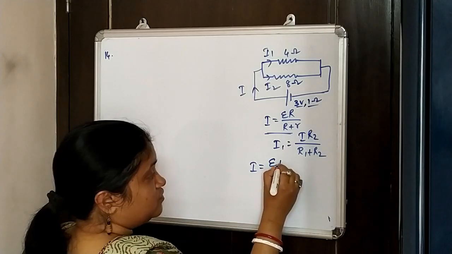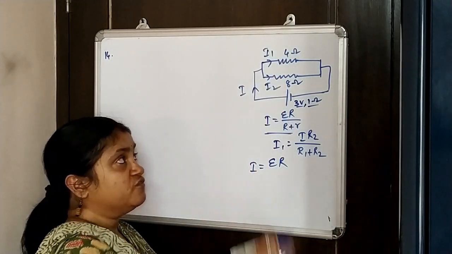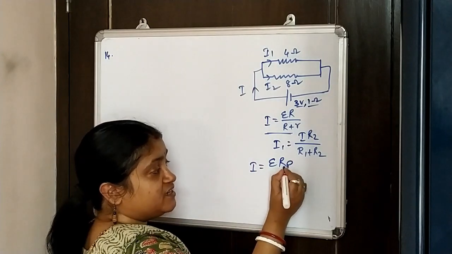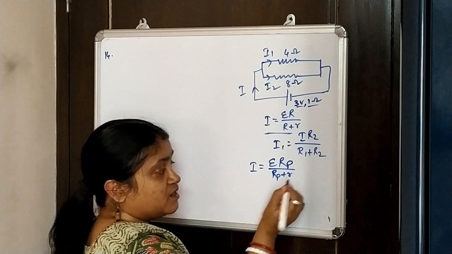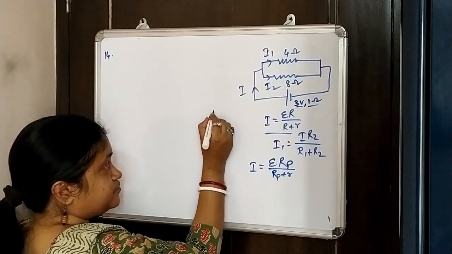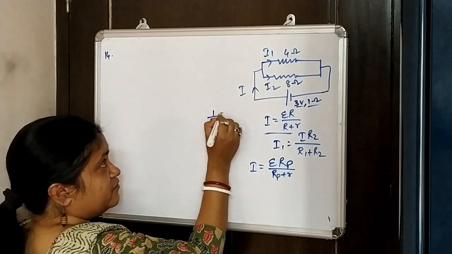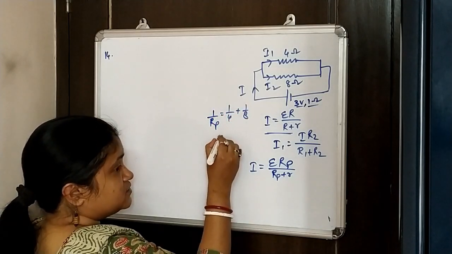I is epsilon over R, but this R is a parallel combination of these two resistances. So I can write it as epsilon Rp by Rp plus R. So let's find this parallel combination. 1 by Rp will be 1 by 4 plus 1 by 8.